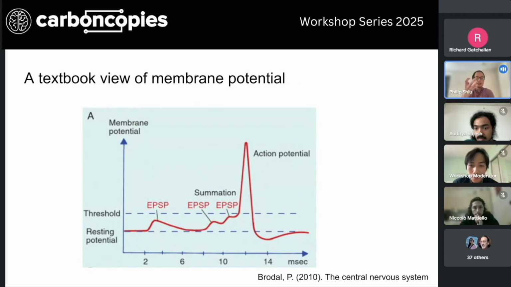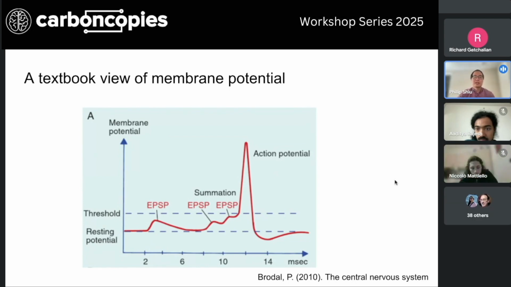So we took this connectome and we asked, can we make a computational model from this? And what we did was basically take the simplest biophysical model of neurons, which is a leaky integrate and fire model. This is basically a textbook view of membrane potential.